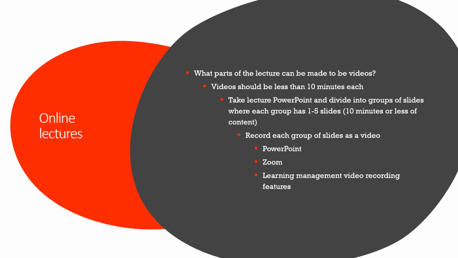So I make my whole PowerPoint of what I want to talk about in the lecture, and then I split it up into groups of 1 to 5 slides each. And then I record each group of slides as its own video.